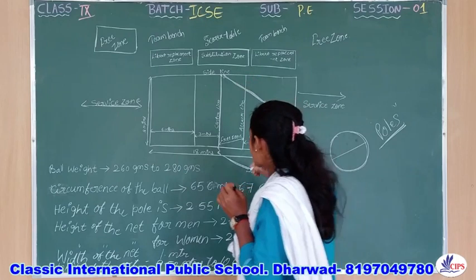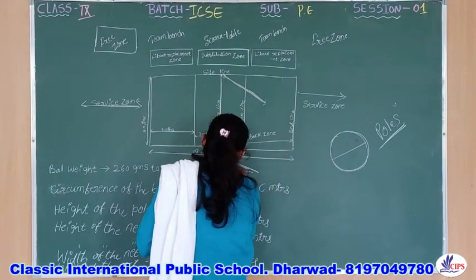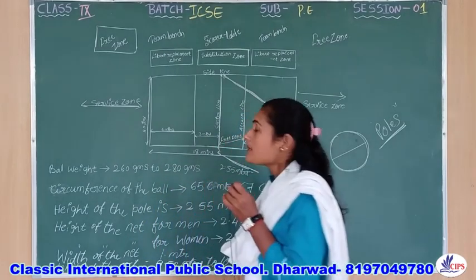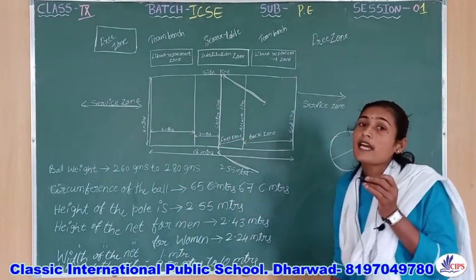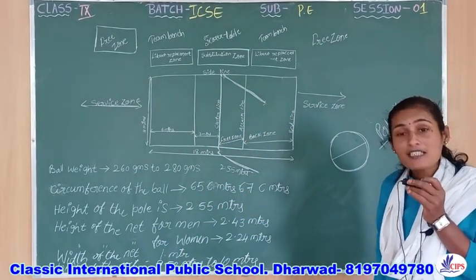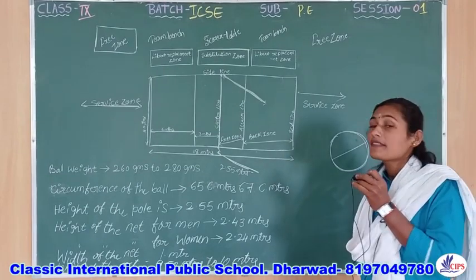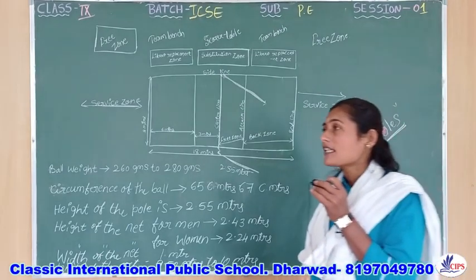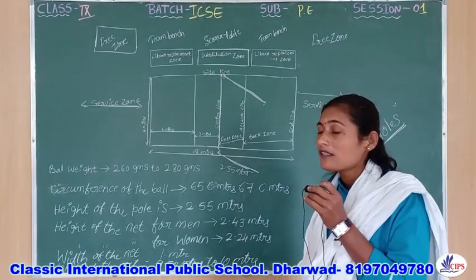The pole height is 2.55 meters. Then we are going to tie the net to the poles. Then what is the height of the net from the ground?